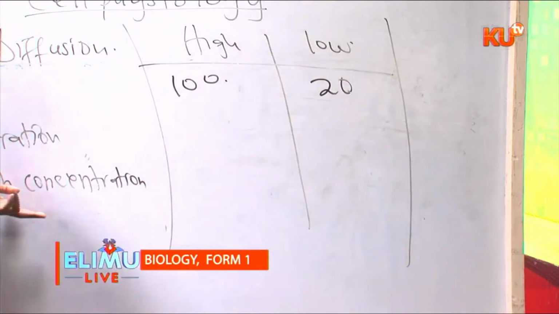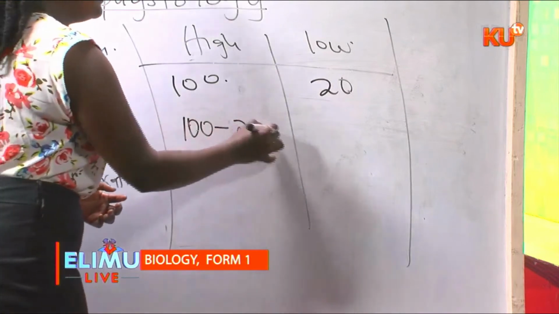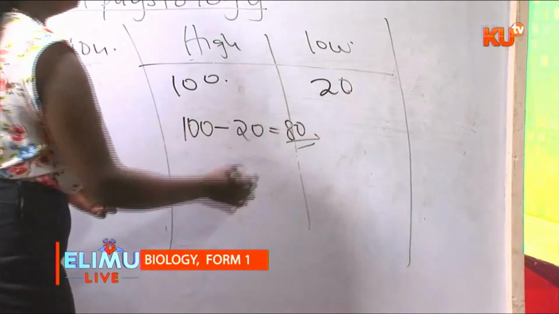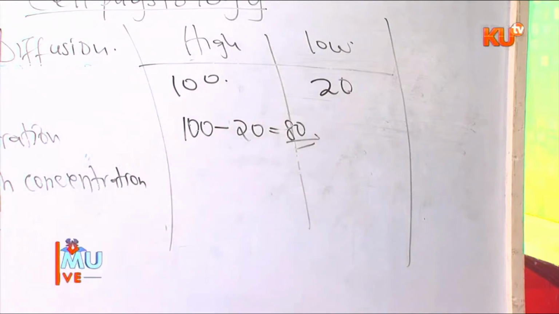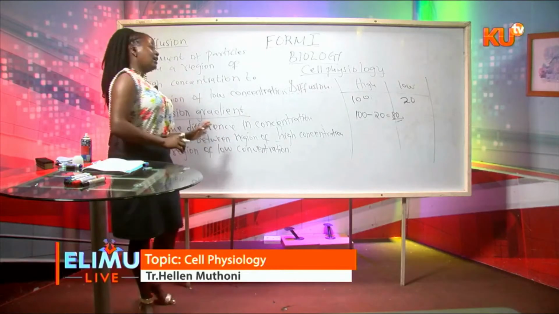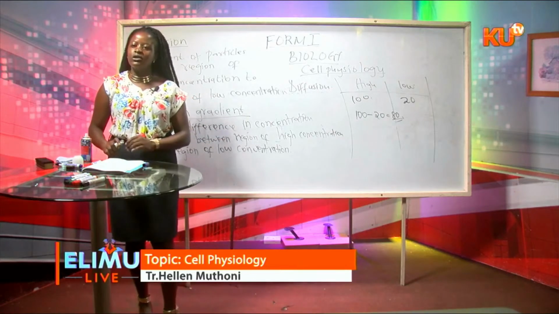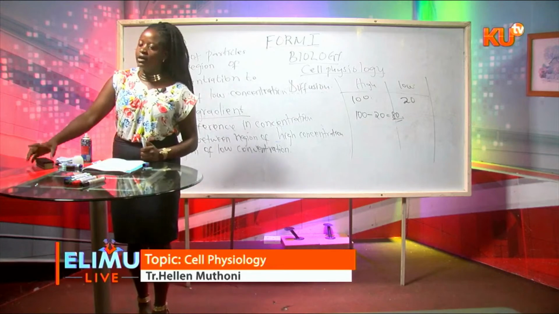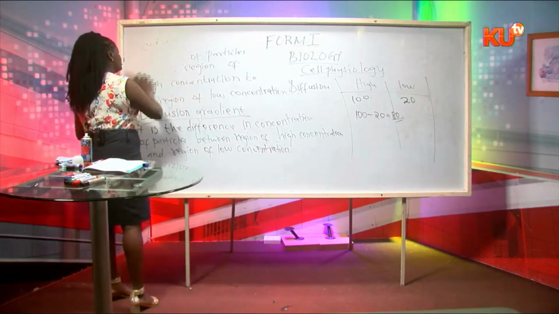So diffusion gradient is simply 100 minus 20. That is 80. This is what we're calling diffusion gradient. It is the difference in the particle concentration. The high region minus the low region, you'll get that difference. Diffusion gradient can also be called concentration gradient.